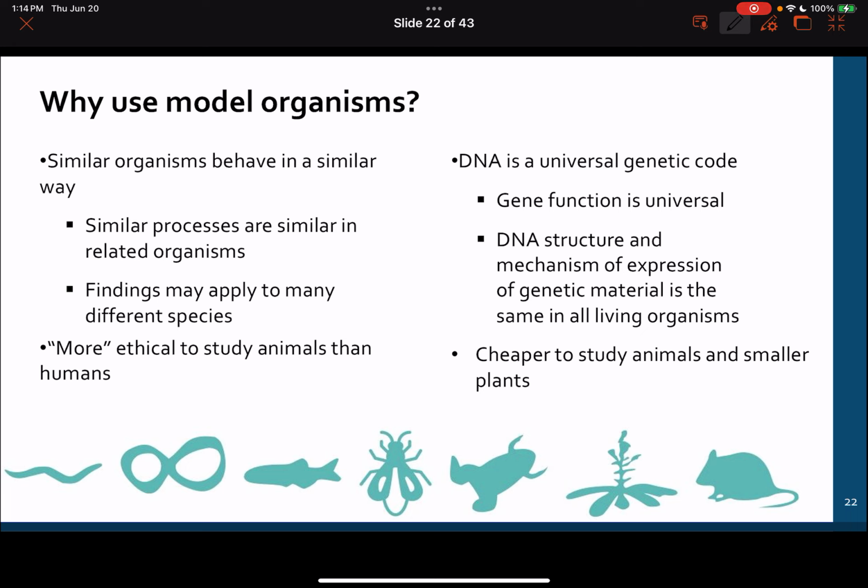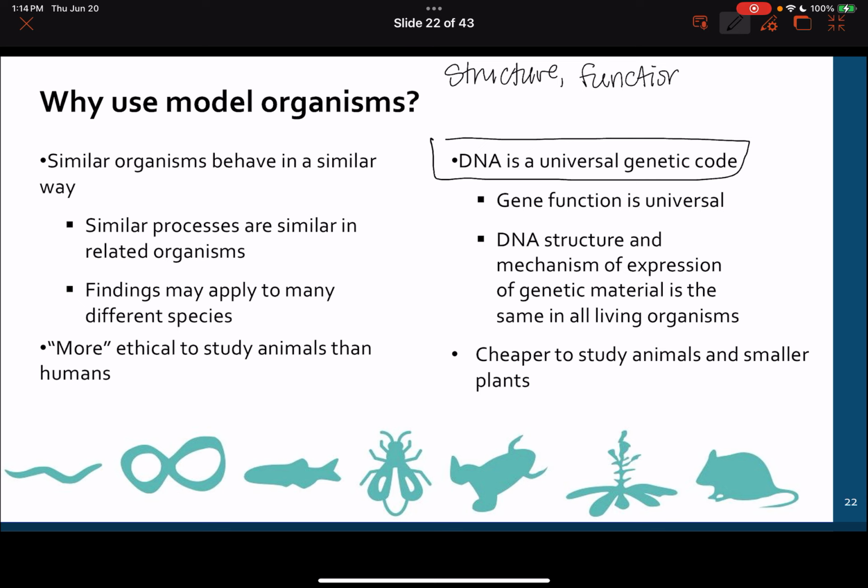There's that too. But the reason that we can use model organisms is because DNA is a universal genetic code. What that means is, with very few exceptions, the structure of DNA, the function of DNA, and the expression of DNA is essentially the same in all living organisms.